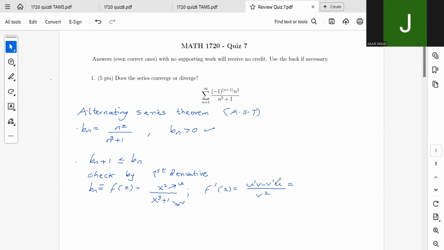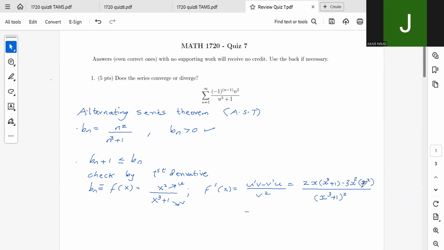The derivative of the numerator is 2x, you multiply by the denominator, x cubed plus 1, minus the derivative of the denominator, 3x squared, multiplied by the numerator function, x squared. Then you divide by the square of the denominator, x cubed plus 1 squared.